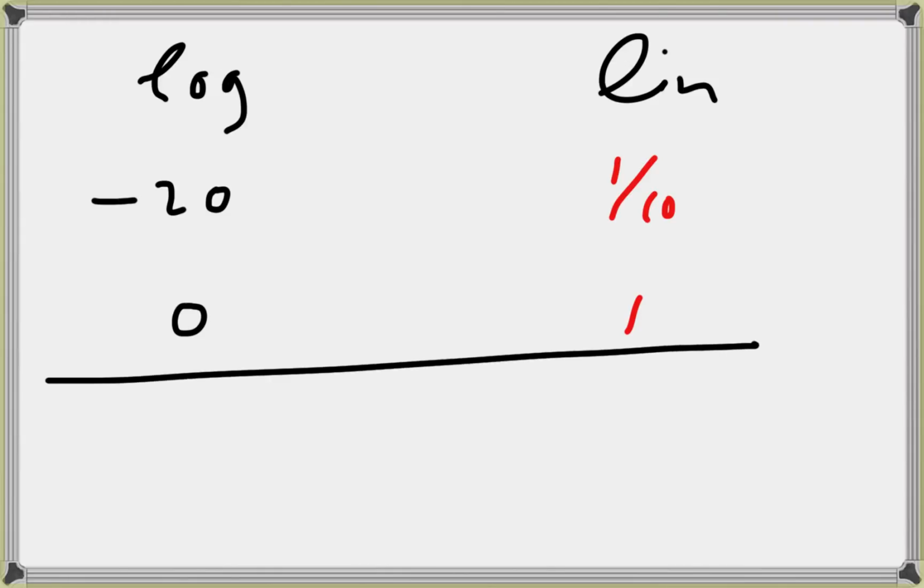Minus 20 and 0, what does the outcome become when we add these together? Well, I already said it, minus 20 is 1/10, 0 is 1, and on a linear scale, I can very much add and subtract. On a linear scale, yes.